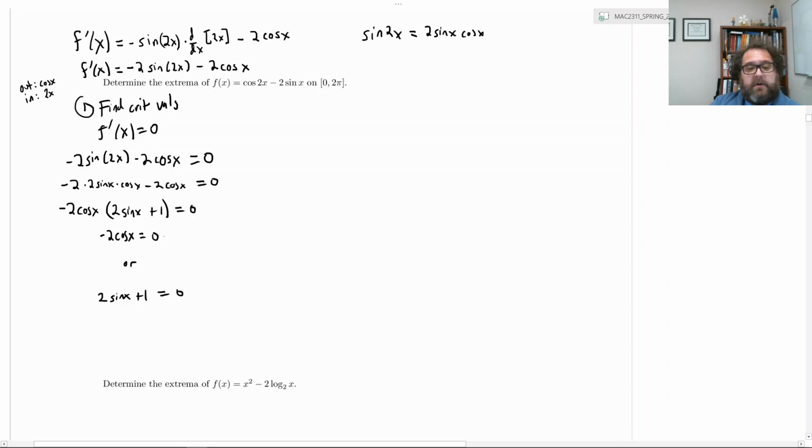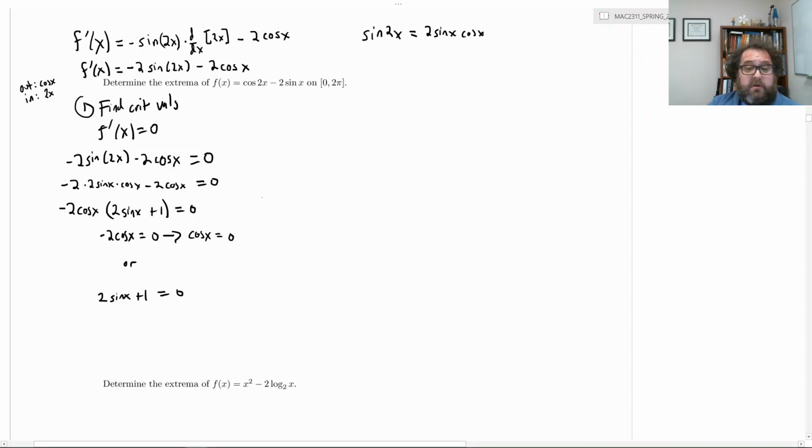Okay? Now notice this one implies, if we divide both sides by -2, that cosine x equals 0. Now, remember, we're only looking for solutions between 0 and 2 pi. So where's cosine 0 between 0 and 2 pi?